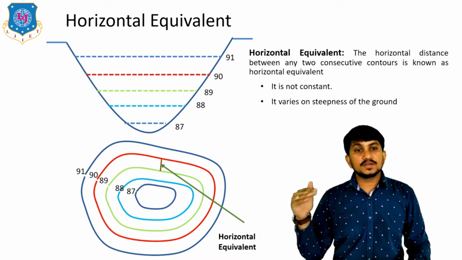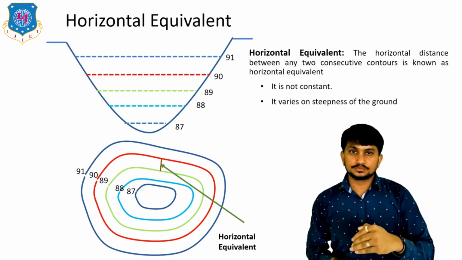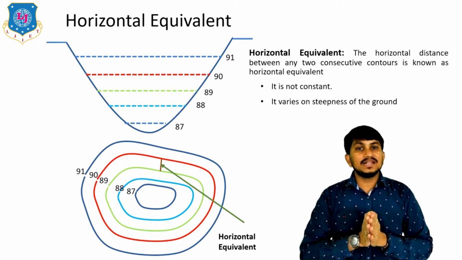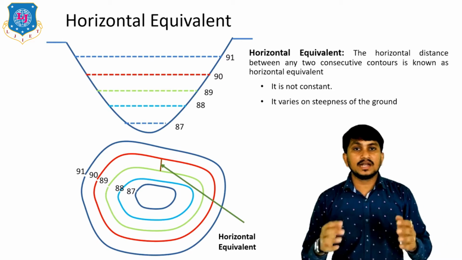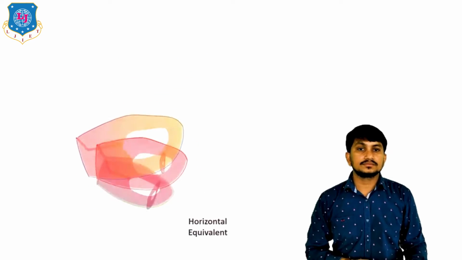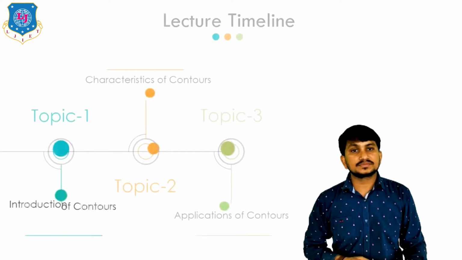It varies with the steepness of the ground. If the steepness of the ground is more, the horizontal equivalent will be less. If there is flat ground, the horizontal equivalent will be large. That's all about introduction of contours.